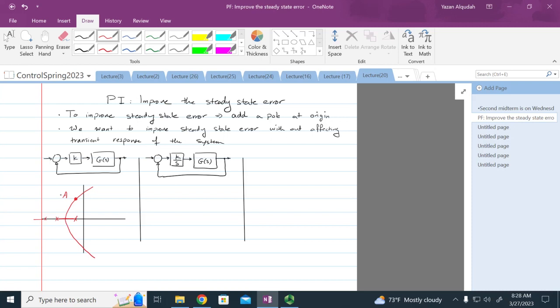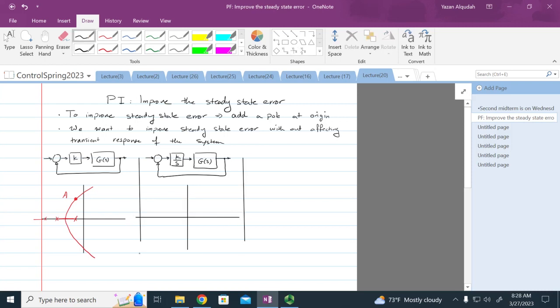So what do we do? We add an integrator. What happens when we add an integrator? We're going to be adding another pole.